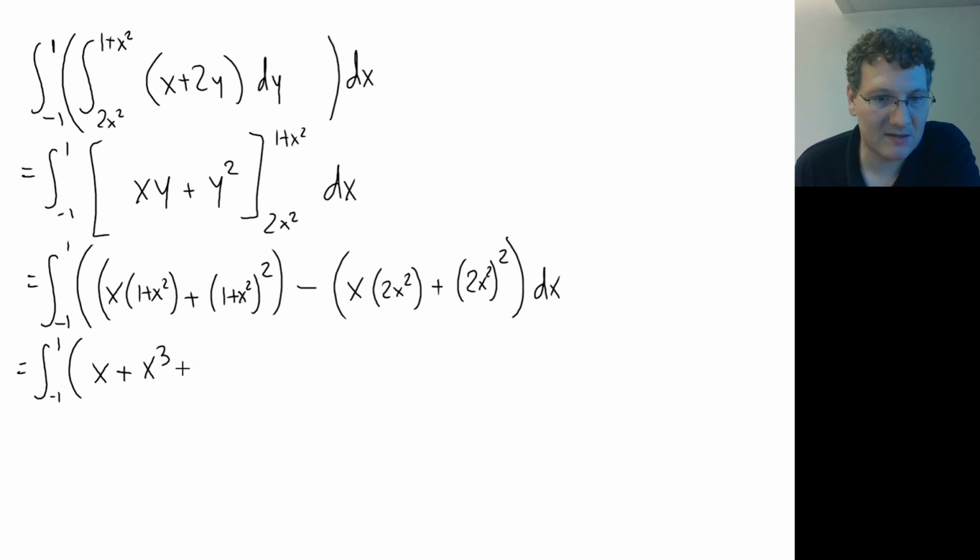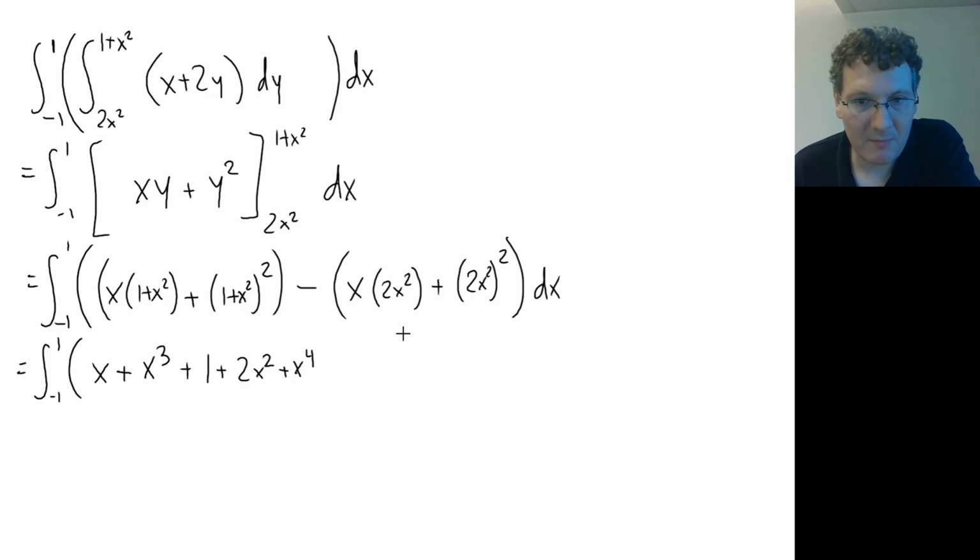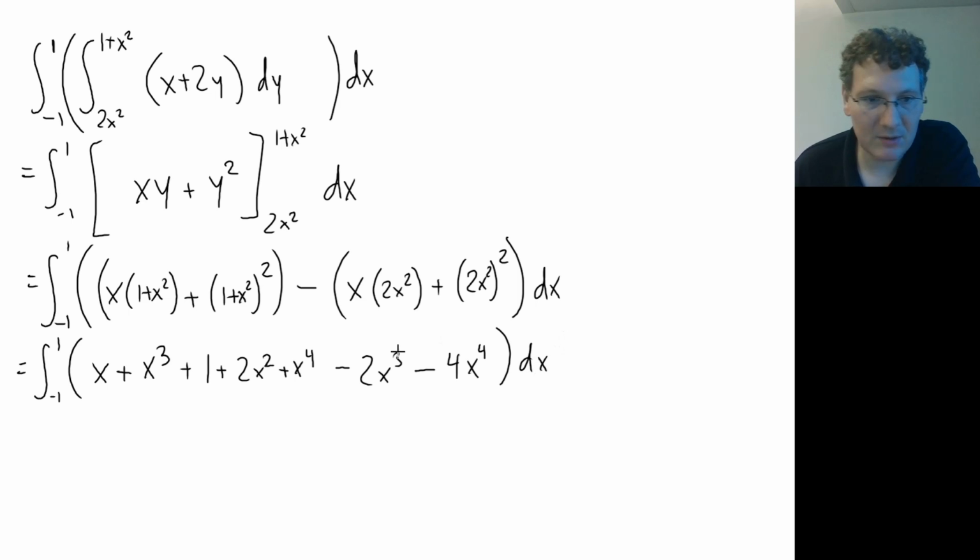We have x plus x to the third plus 1 plus 2x squared plus x to the fourth minus, and these are all going to be negative, minus 2x to the third minus 4x to the fourth, dx.